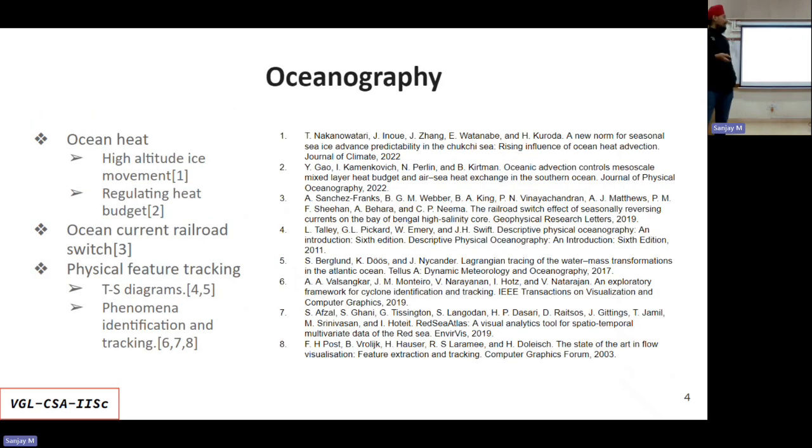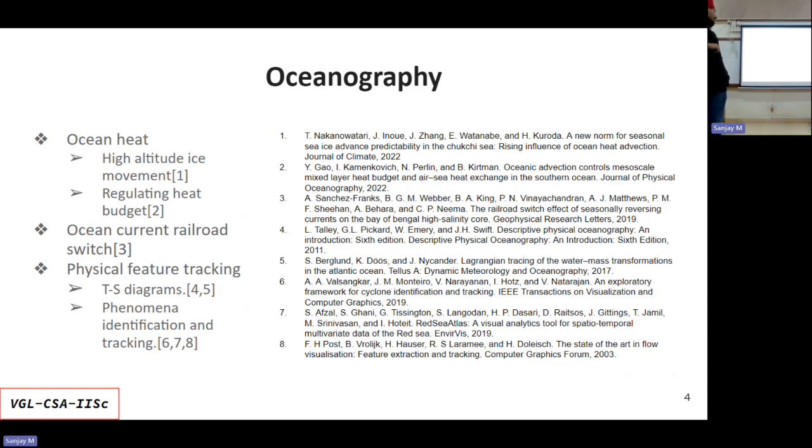There have been existing studies like this where they track some sort of scalar field in oceanography. This is important because studying some scalar field can give us information on other scalar fields, how they move. For example, we have studies about how heat movement in the ocean affects the movement of ice and other things.